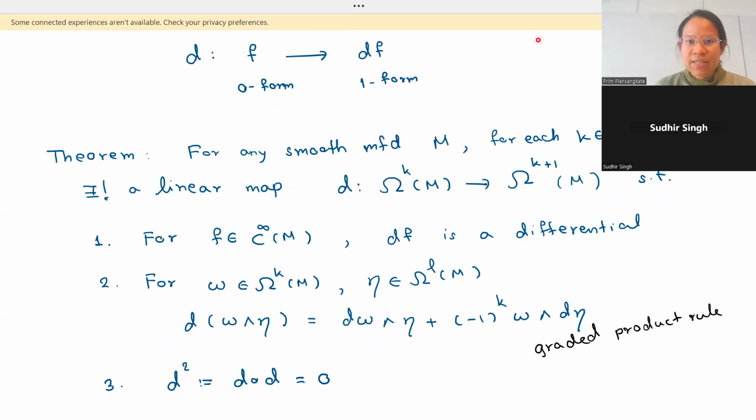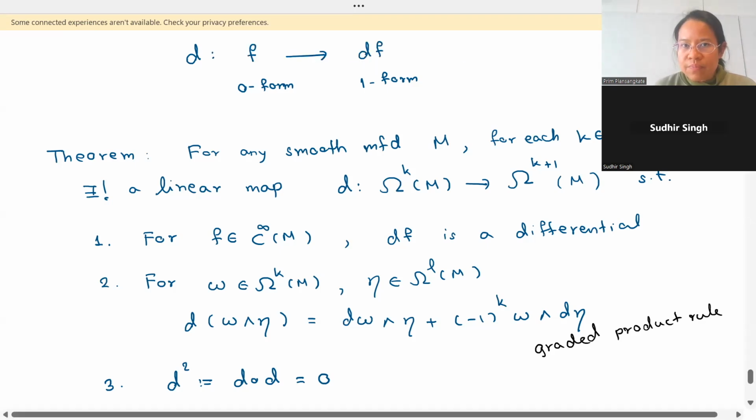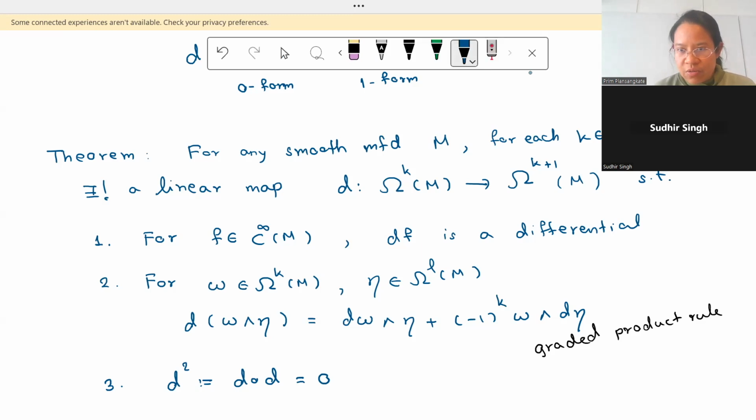It sends a k-form to a (k plus one)-form such that it is an extension of the differential. So when we look at a zero form or smooth function, this operator d is the differential of it.